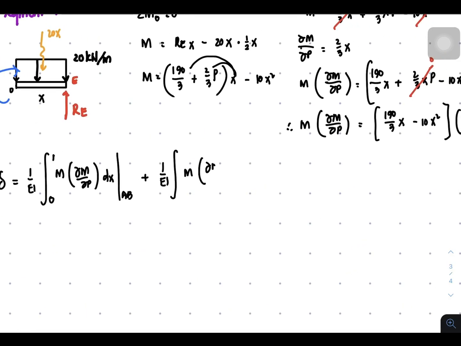So it's m times the partial derivative dx from B to C, so this is 0 to 1.